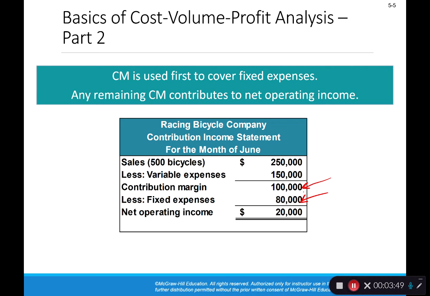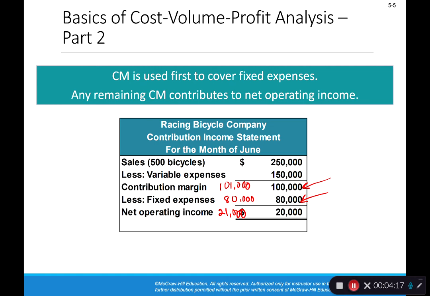So if our CM were to go up by $1,000, we would have $101,000 for contribution margin. Fixed costs would remain the same, so our income would end up being $21,000. So if CM goes up $1,000, income goes up $1,000, because the only thing between contribution margin and income are fixed costs, which don't change.